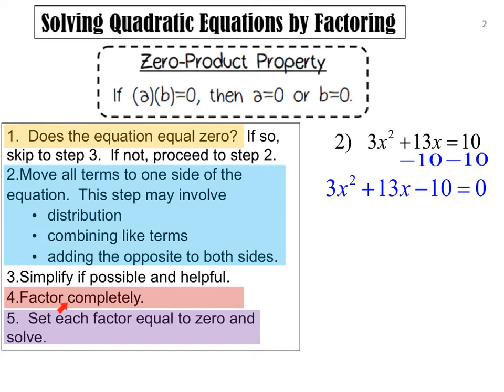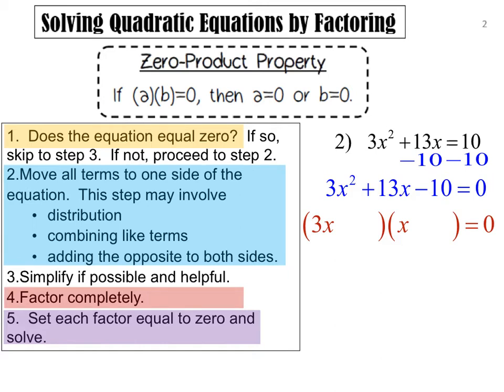Next on our list is to factor completely. So let's get ready to factor this. We are going to put it in factored form. Here we have it in factored form. 3x squared. The factors of 3x squared are 3x and x. We need the factors of negative 10. Let's see what that is.